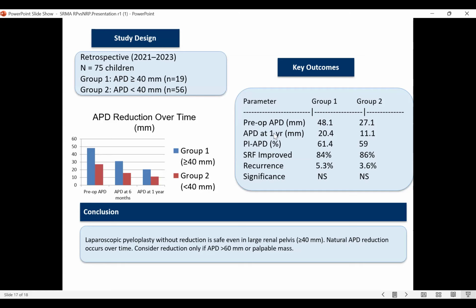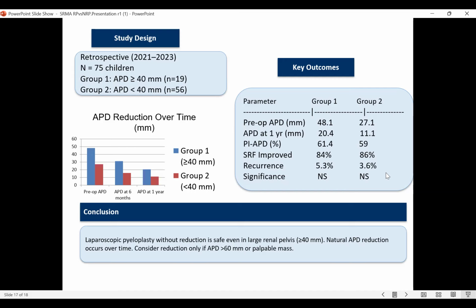Interestingly, in the large pelvis group, there is a 60% improvement in pelvis because they started at 50, 60 millimeters, and even without reduction, they come down very significantly. Whereas when you start at 24 or 20 millimeter, they don't come down as much as you think, even without reduction. So without reduction, the pelvis size doesn't come down much, but the split renal function improves.